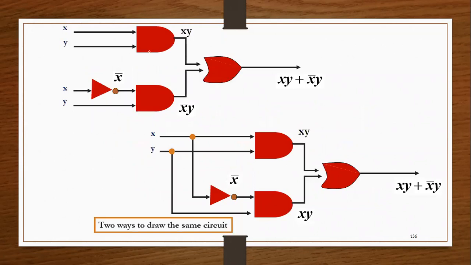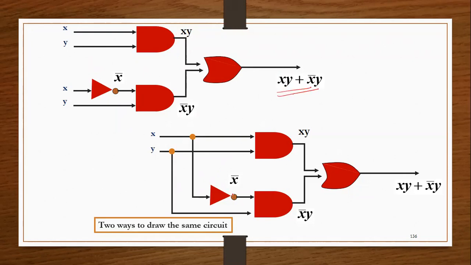If you notice, we are taking two AND gates and to one of the AND gates I am providing an inverter, that is, I am trying to give the complement X bar Y, and the final solution is that I want to get the Boolean sum of these two Boolean products. So XY, you will get the Boolean product, and here X bar Y. Then finally XY plus X bar Y will be the final solution.